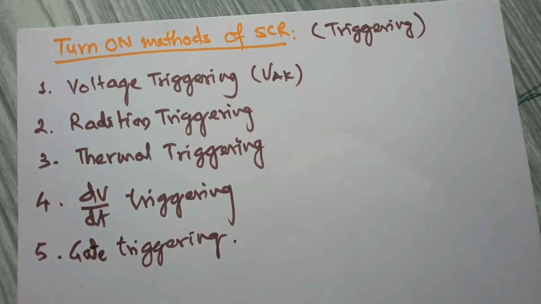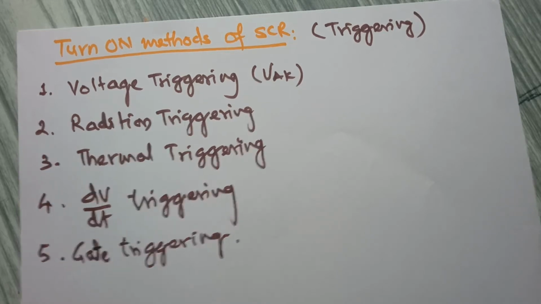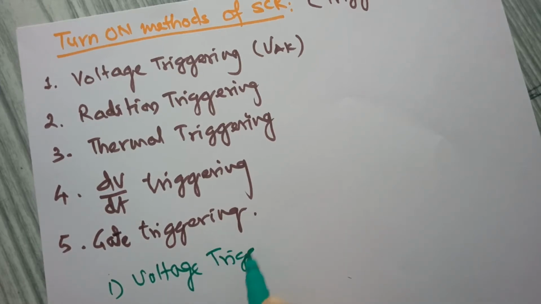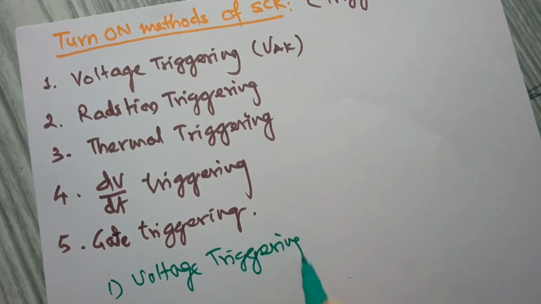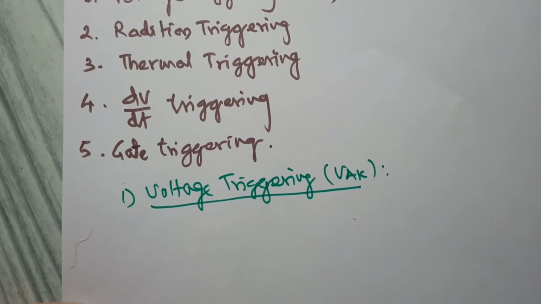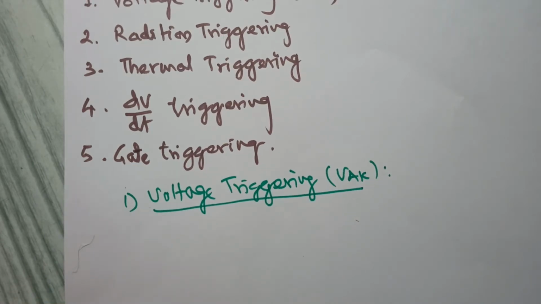In case of voltage triggering, as the name indicates, we are going to apply a voltage between anode and cathode.